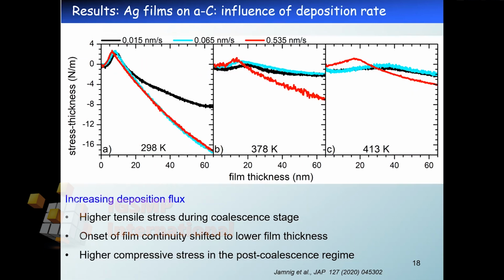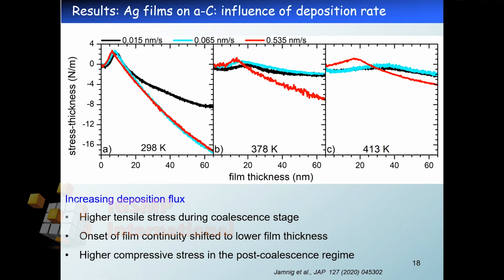If you now look at what is the influence of the deposition flux, I compare here three curves at increasing deposition flux, low value to higher value. By a factor of 50 times higher, you can observe here that increasing the deposition flux shifts the thickness at which the film becomes continuous to lower thickness value.